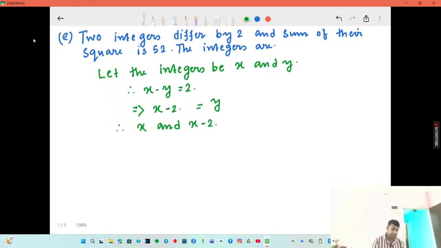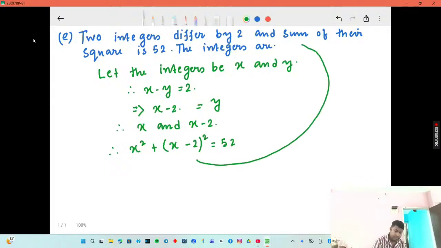So now here the question is given as the sum of their squares is 52. So therefore x squared plus x minus 2 whole squared is equal to 52.